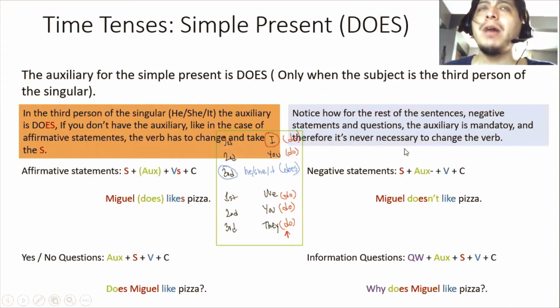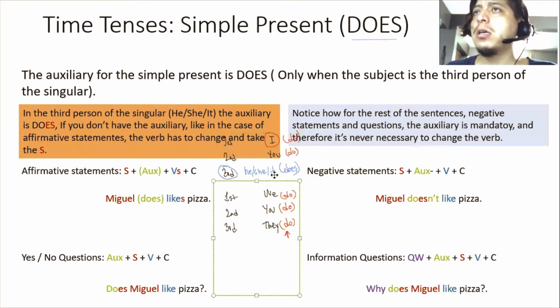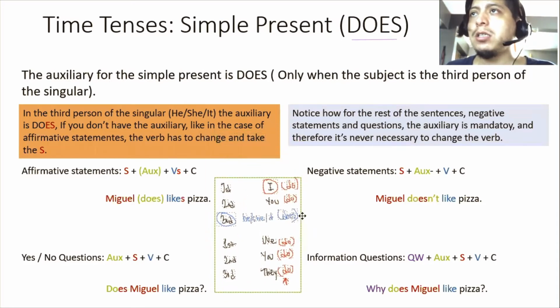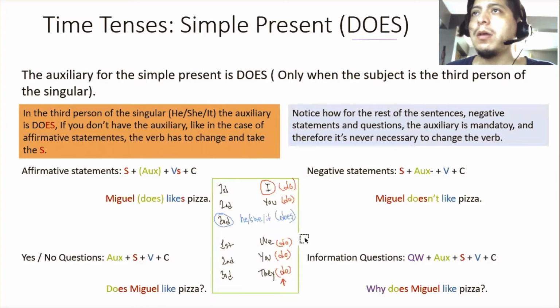And then we have the auxiliary does. This is a different auxiliary, does. When do we use does? We use does only here, in the third person of the singular.